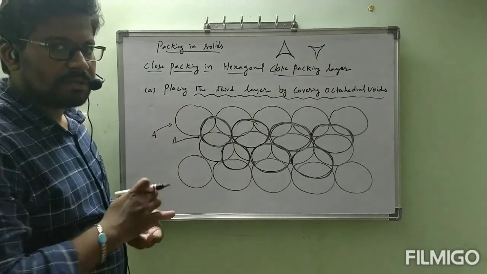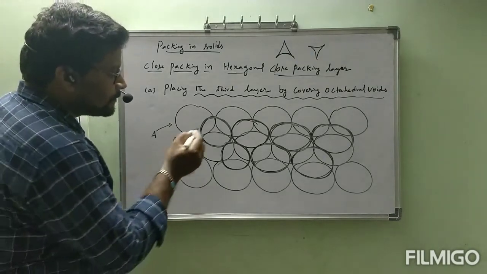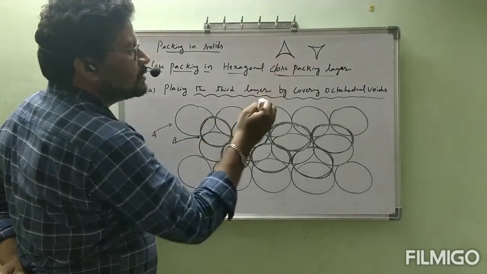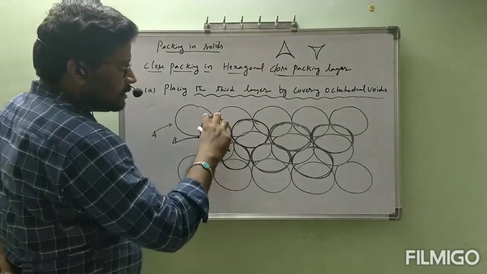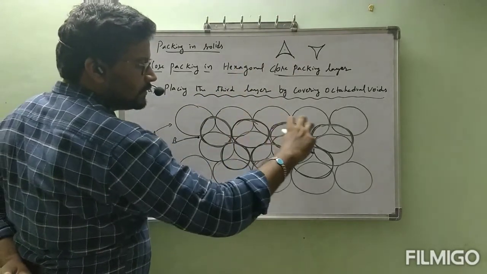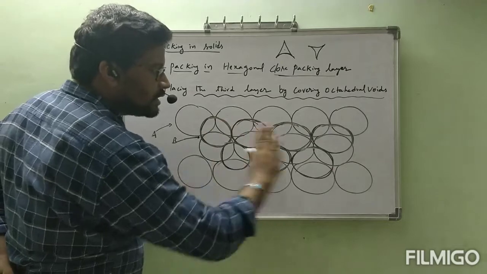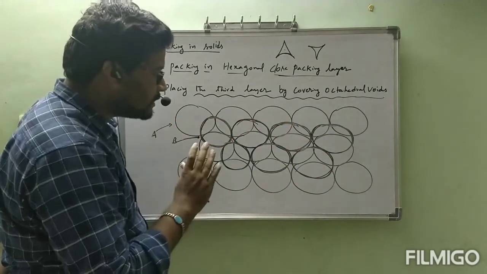In what way we have kept the B layer, second layer, that is this type of void is there, into that the particle will be present. Same like that. This is also hexagonal layer only. Hexagonal close packed layer only. See.